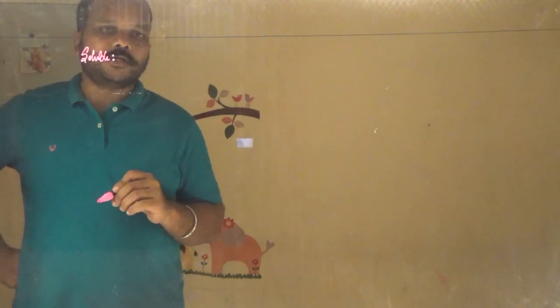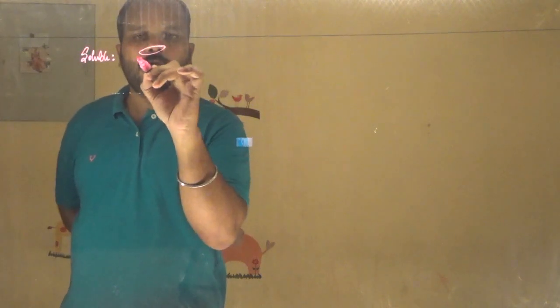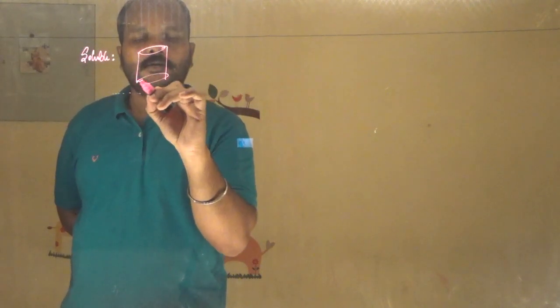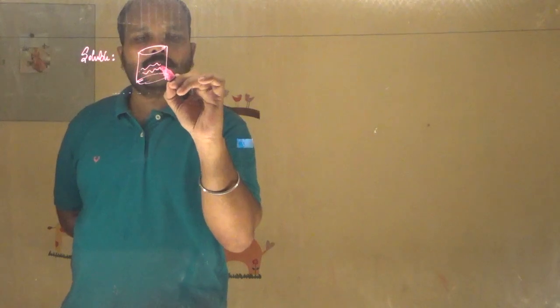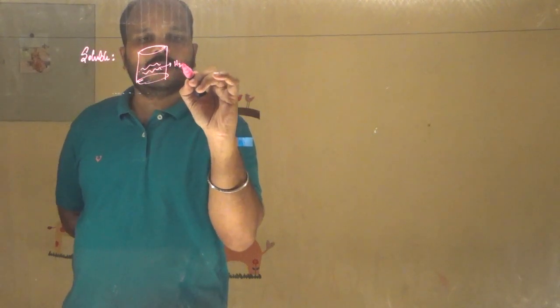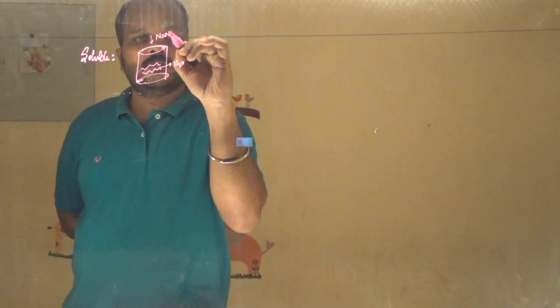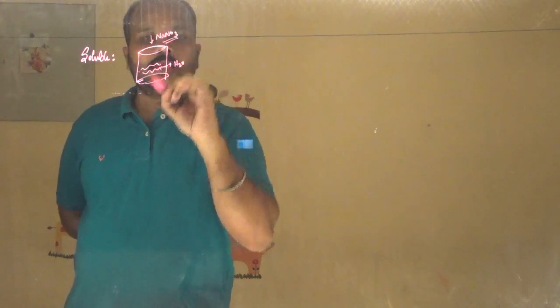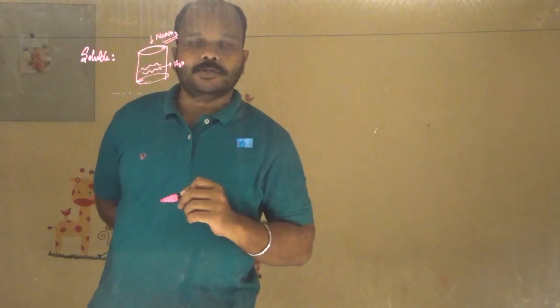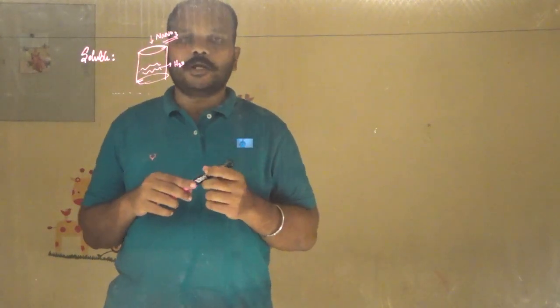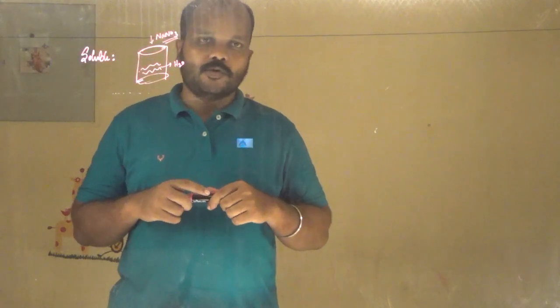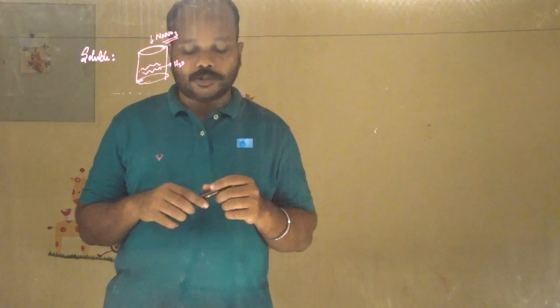Soluble means, say you take a beaker containing water and put NaNO3 into it. This sodium nitrate is going to be soluble.